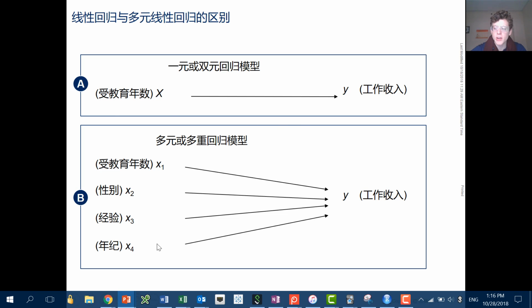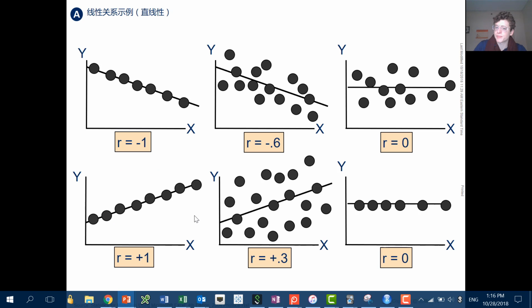A multivariate or multiple linear regression involves multiple different variables of prediction. An example might be education, percentage of gender, and age.